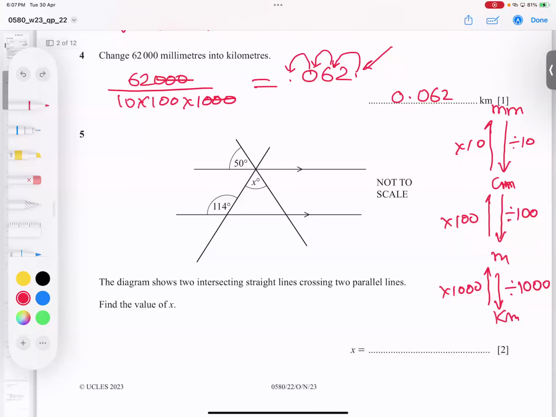Come to question number 5. In this question number 5, my students, the best technique is what? Basically, when we have this kind of question, look at this straight line. This straight line is very, very important. So I will mark this as 114. How much is the answer out of 180 if I subtract 114?